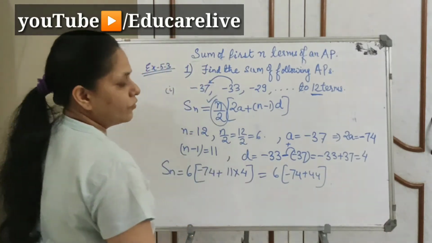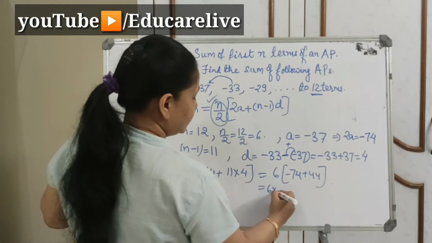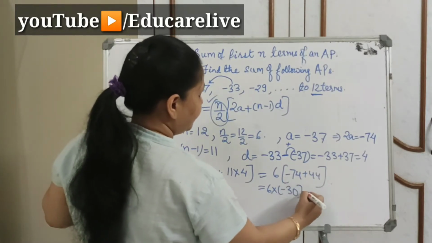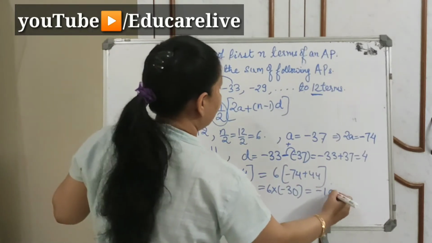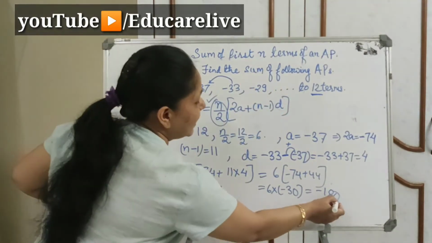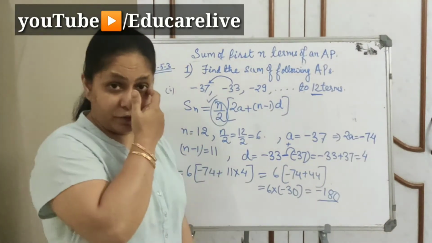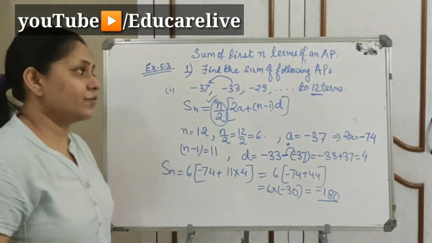Minus 74 plus 44 is minus 30. So 6 into minus 30 is minus 180. That means if you add all these terms, we get minus 180 as the answer.